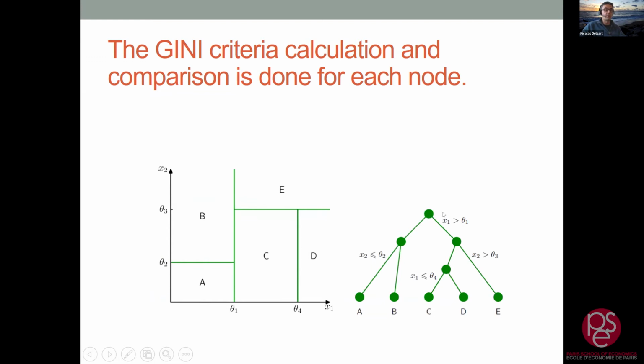If some variable is above one threshold, then we go to another branch. If the condition is not satisfied, then we go to the other branch. And we have this sort of decision made at each node. So we have branches, and we have nodes corresponding to a condition, a test of condition.